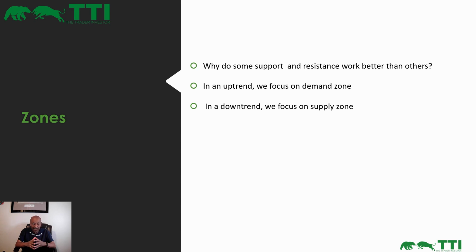So if we can understand this, and then focus on the order blocks, which are very, very significant support and resistance. In an uptrend, there are bearish order blocks. Those act as resistance.